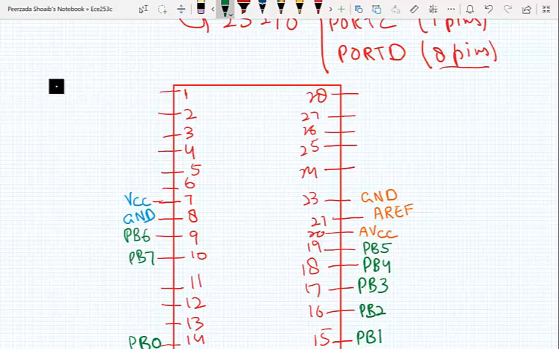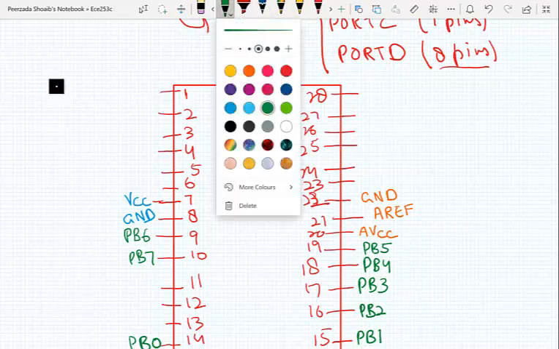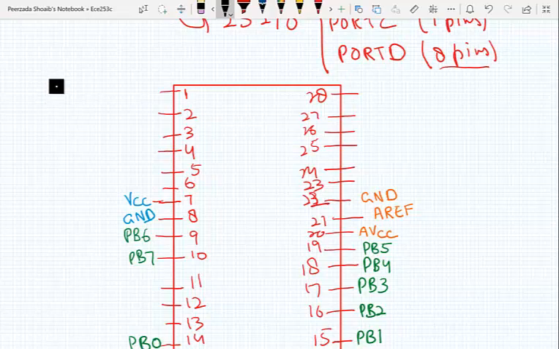I have missed 22 here. So this will be 22 ground and 23. Port C will be from 23, PC0.